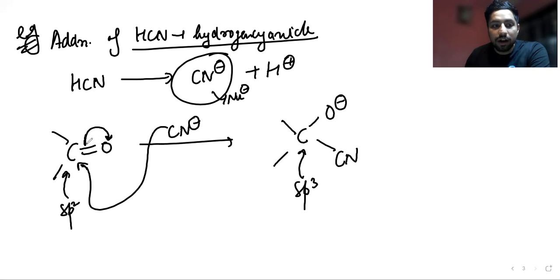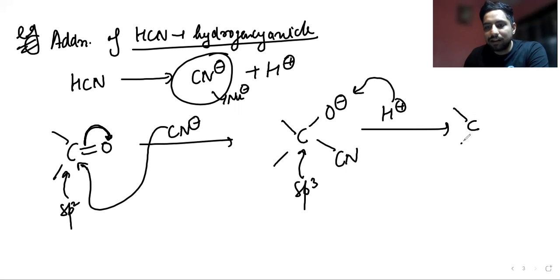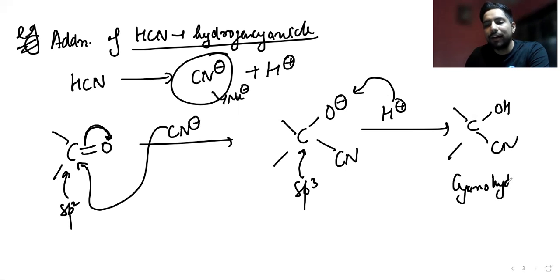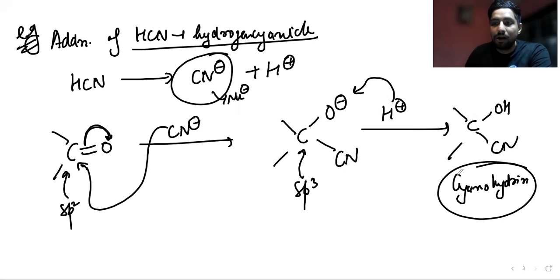The double bond breaks towards the oxygen. Now, in the presence of H positive, which will attack over here, it results in the formation of OH and CN. And this is called cyanohydrin. So this is an example of a nucleophilic addition reaction that you have to give whenever a question is asked on nucleophilic addition reactions.